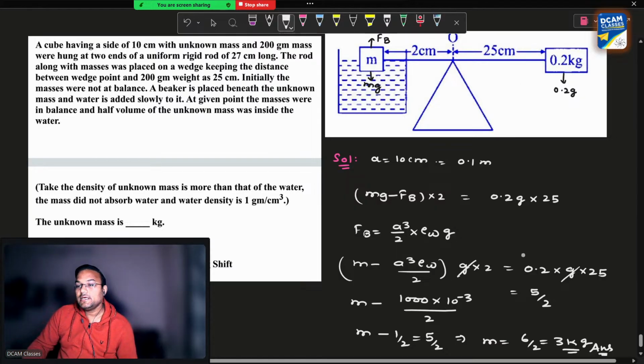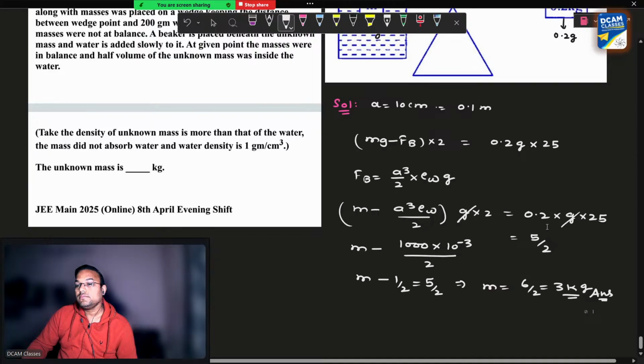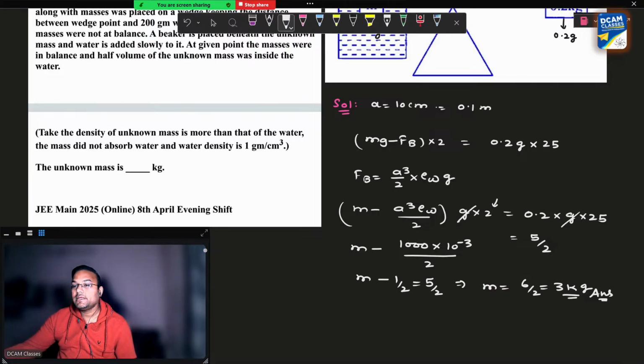What I was saying, no? This is in centimeter, no need to convert. This is also in centimeter, no need to convert. They will cancel out. This 0.2 is in kg, because this is in kg, g got cancelled. So I have to convert the A which is there into meters.